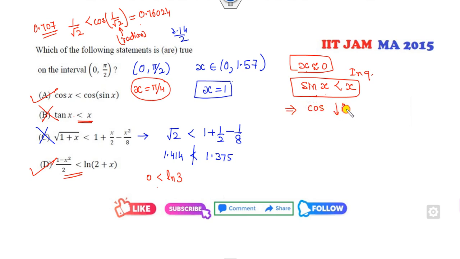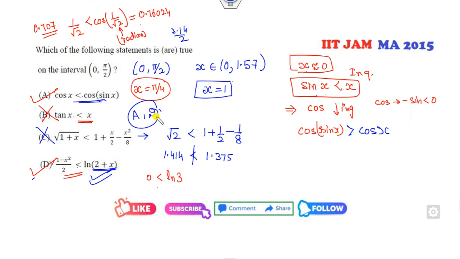Cosine is a decreasing function because the derivative of cos is minus sine x, which is less than 0. So cos of sine x, because of the decreasing function, is greater than cos x. So it is true for all x. Similarly, you can see here, this function is always greater than this one. So A and D are the correct answers.